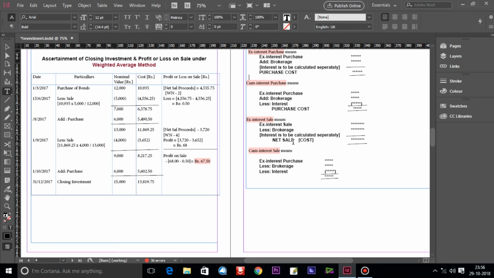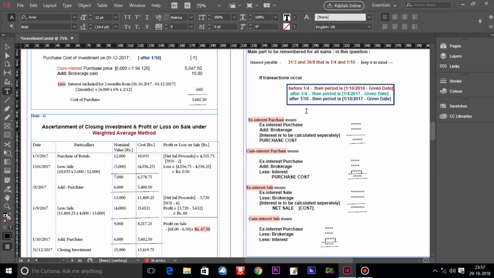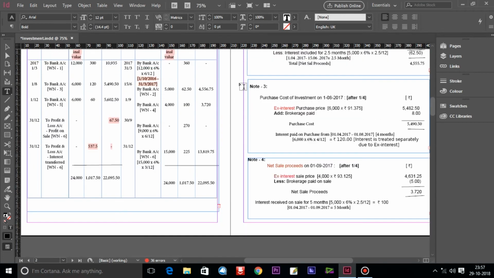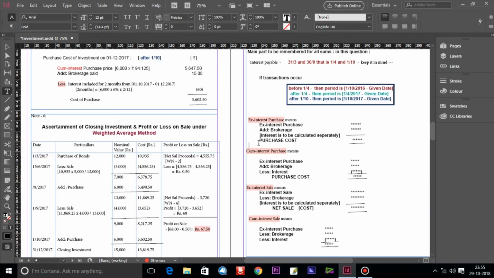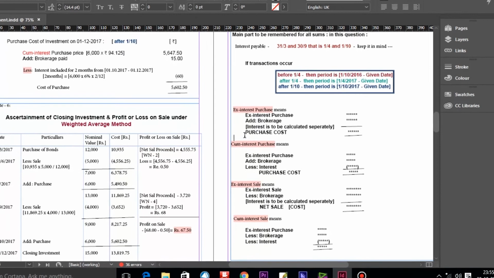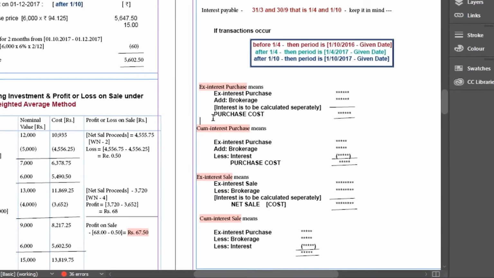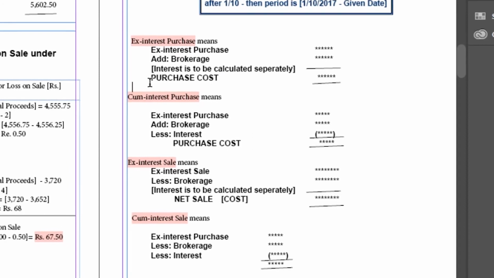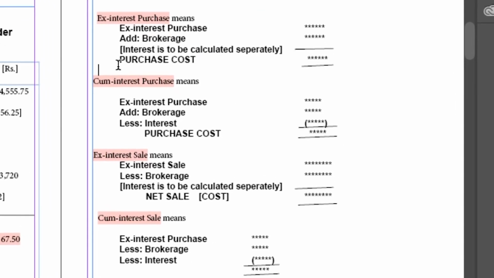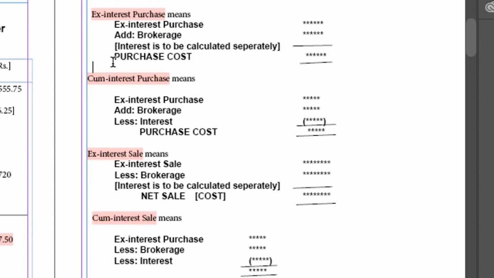But on the other hand, the person who is selling is getting a net amount, and if he is to pay brokerage, then he will have to deduct that amount from the gross amount of sale. Therefore, that amount is being paid by him from his sale. So, brokerage is being deducted in case of sale, and in case of purchase, we have to add brokerage.